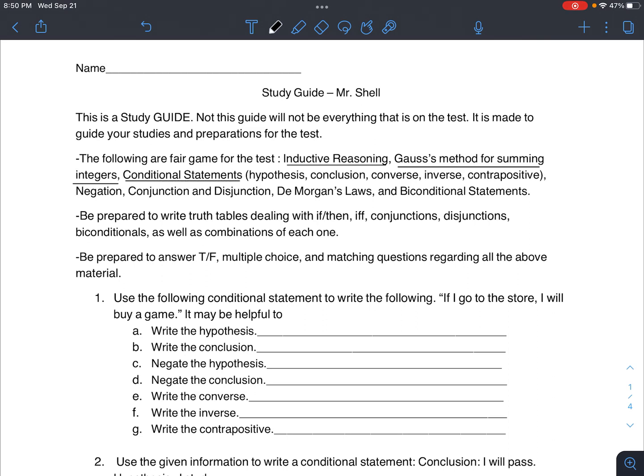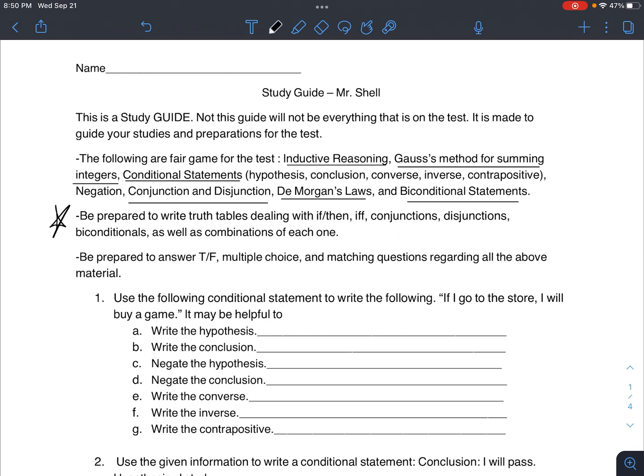Conditional statements are on there, so with a hypothesis, conclusion, converse, inverse, and contrapositive. We have negation, so remember what the negation symbols are and how negation works with everything. We have conjunctions and disjunctions, that's the ands or the ors. De Morgan's law, and then lastly biconditional statements. Okay.